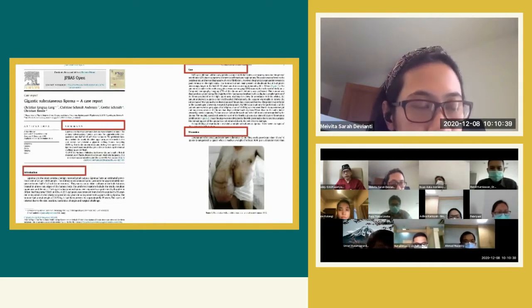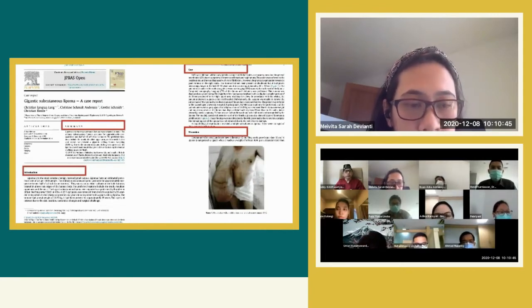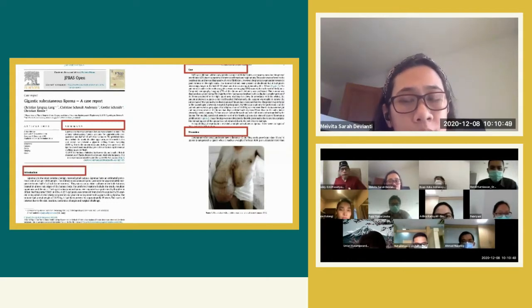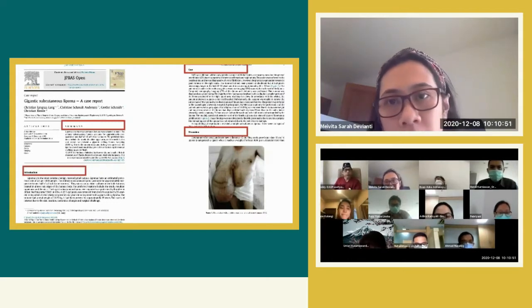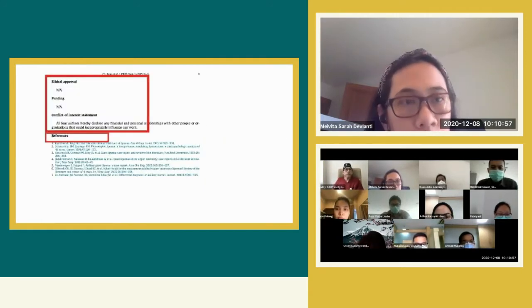This case report contains the previous structure, started from the abstract or the summary, and then the introduction regarding the background of the cases, including the epidemiology, and then the case itself, and then we discuss the case, and close with the notes and the references.